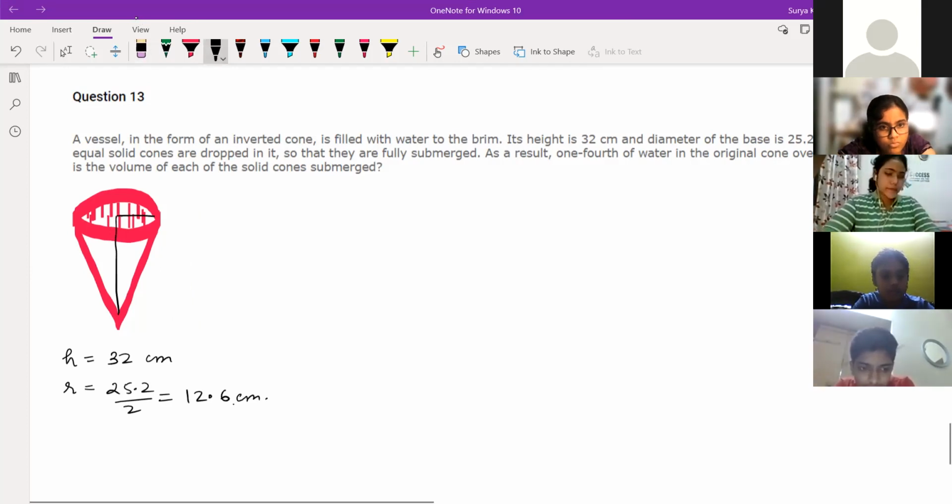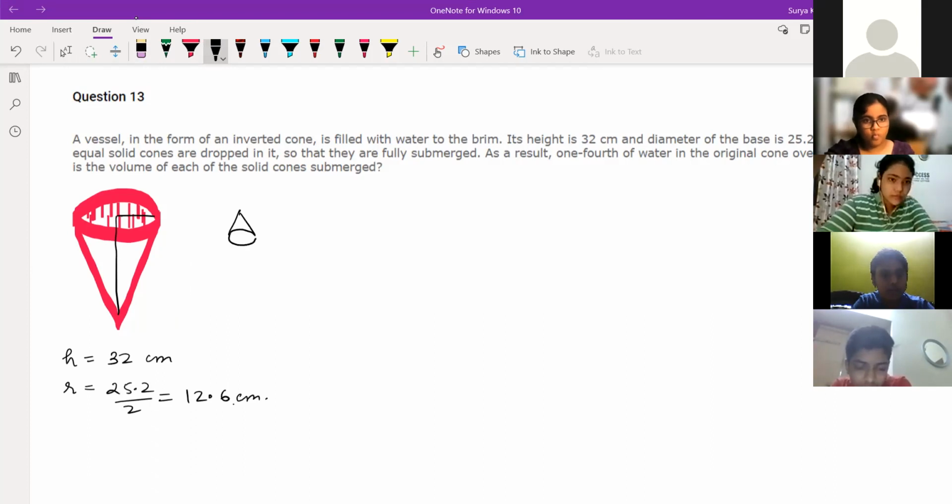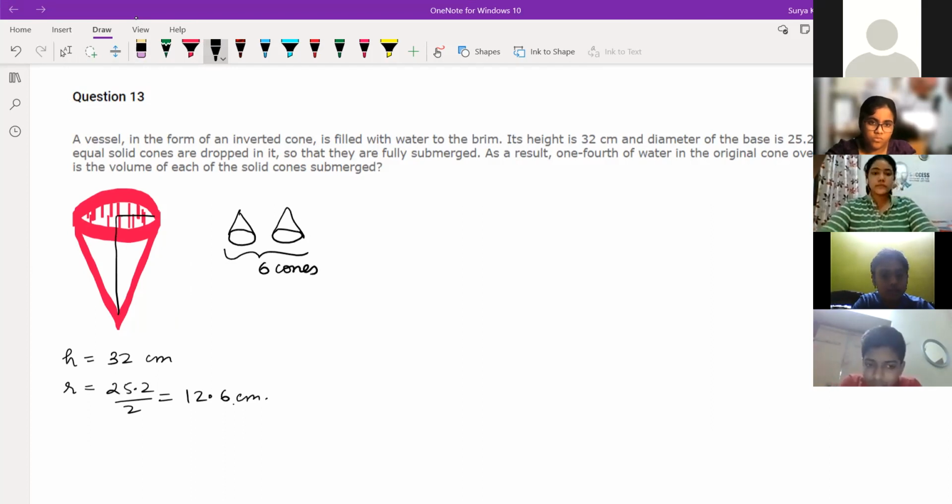So next, what they're asking: 6 equal solid cones are dropped into it. See, small cones are there like this. How many cones are there? 6 cones are going to drop into this bigger cone, so that they are fully submerged. As a result, what is happening?